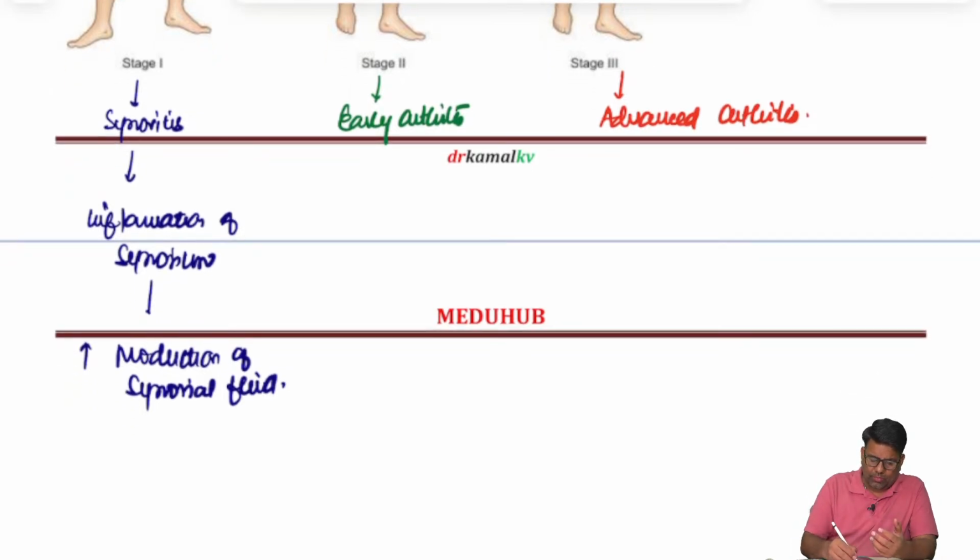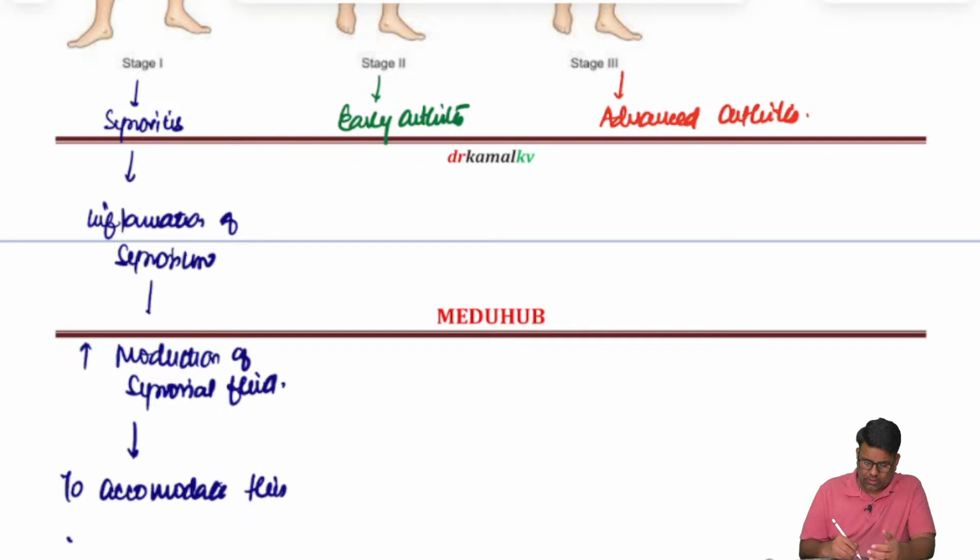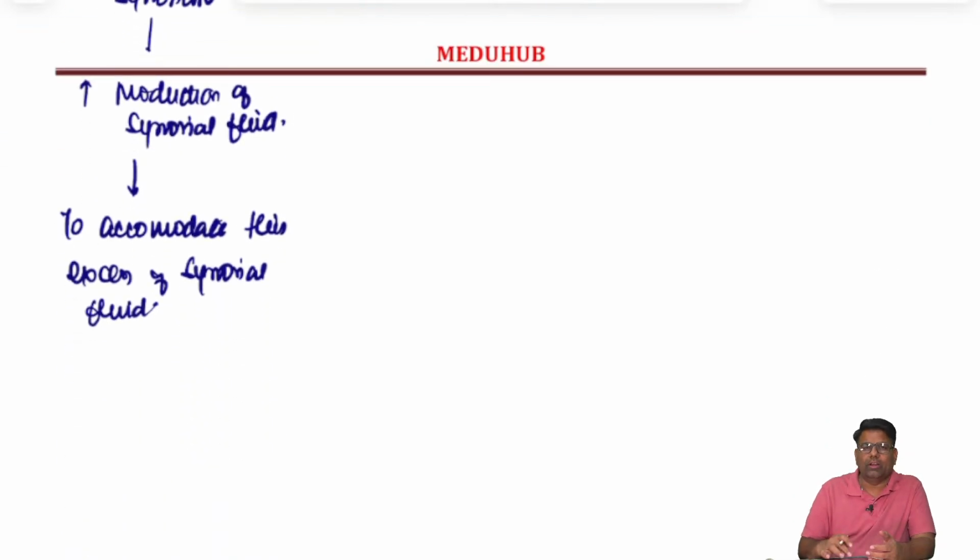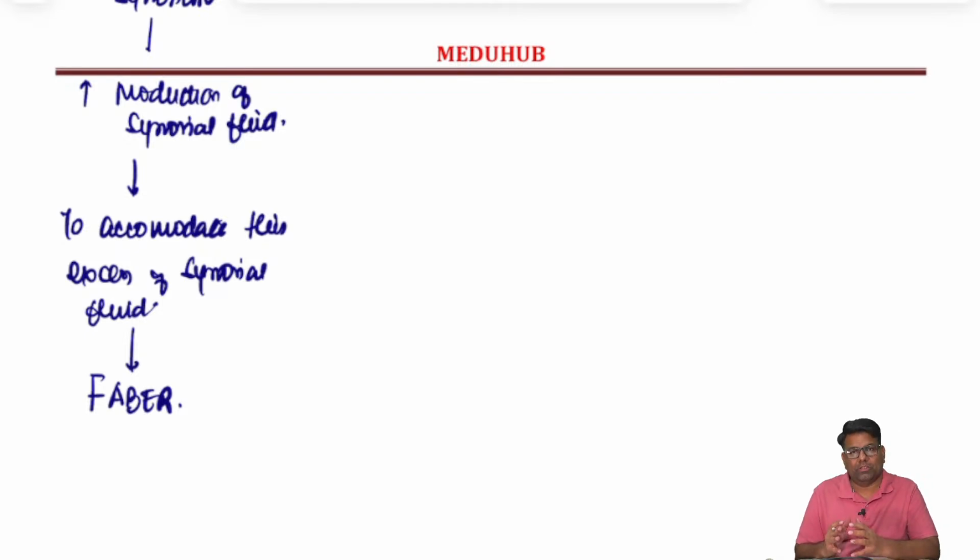So, to accommodate this increased synovial fluid, the hip joint will go into the position of FABER: flexion, abduction, external rotation. Because this is the position in which its capacity is maximum to accommodate the synovial fluid produced. Now, what will happen?